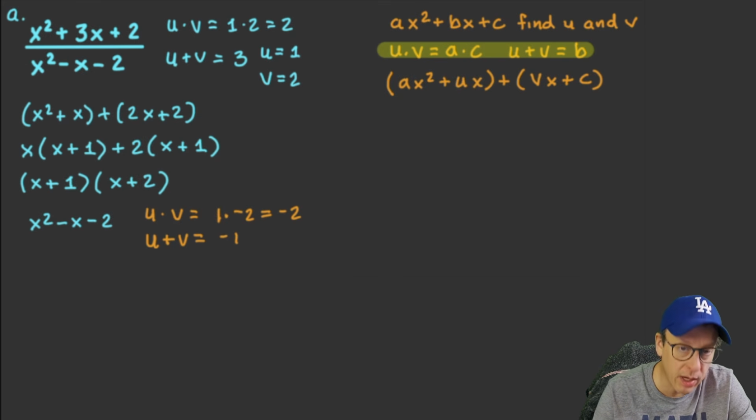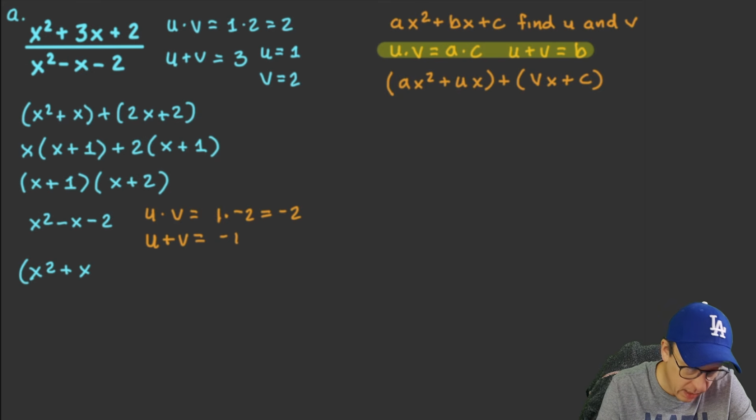And then you're basically going to do exactly the same type of factoring. You're just going to have x squared plus x, throw this inside of parentheses, plus negative 2x minus 2.